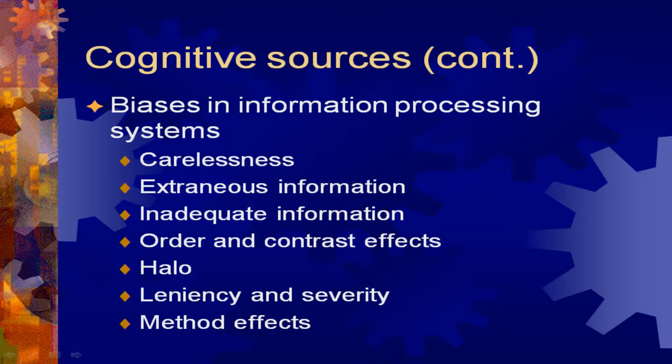Biases in information processing systems: carelessness, extraneous information, inadequate information, order and contrast effects, halo, leniency and severity, method effects.